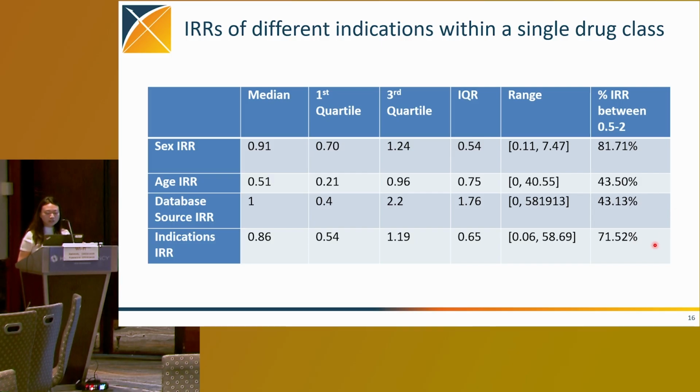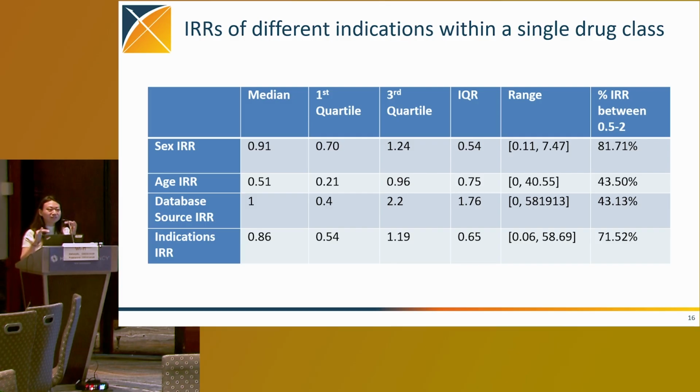Basically, I calculated this as a relative measure of how often a specific factor has less than a doubling effect on the incidence rate. And so what we can take away from this column is that age and database, these 43%, more often had a doubling effect on the incidence rate. So they affect the incident rate more compared to indications and then sex.